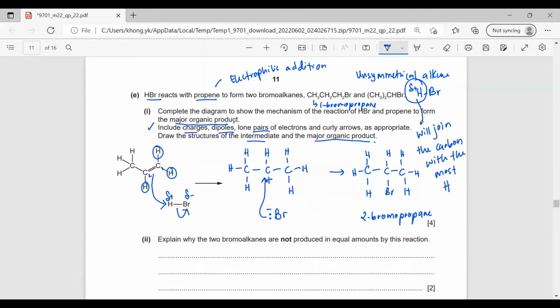The difference between them is that 2-bromopropane is formed from a secondary carbocation intermediate, but 1-bromopropane is formed from a primary carbocation intermediate.